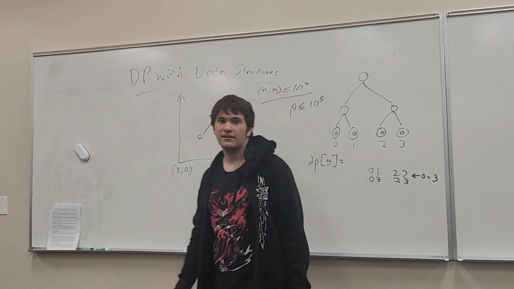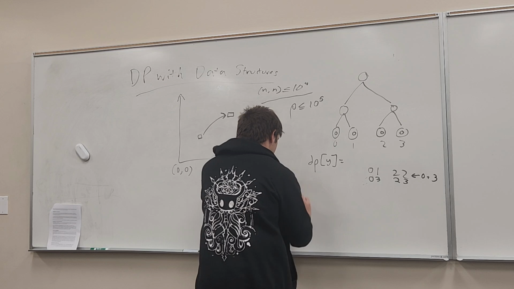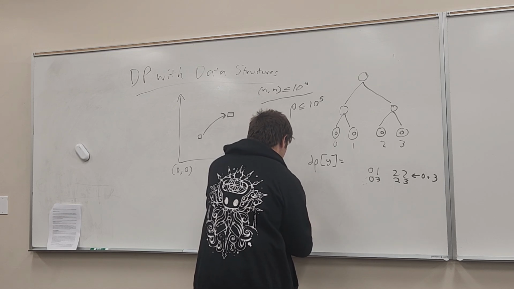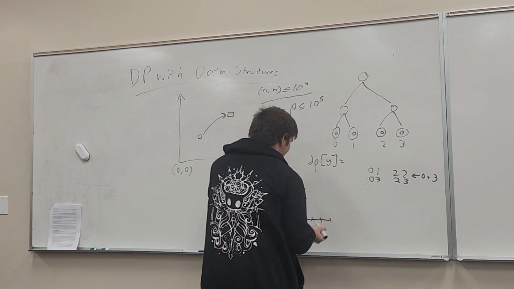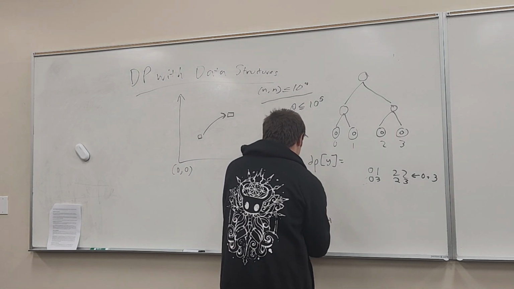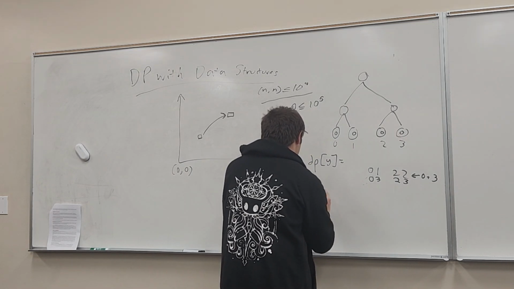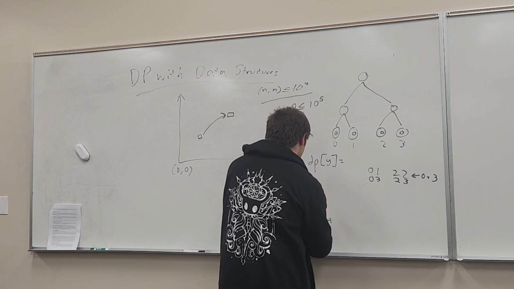Can you draw out the case? Okay, so this is 0, 0. I'm coming up with this case on the fly, so I don't really have an example on hand, unfortunately.